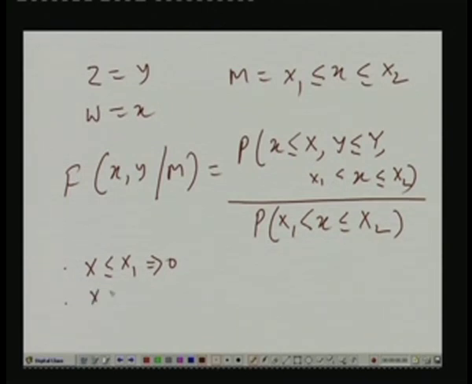Similarly, if capital X is greater than x2, then what happens? Then x is less than or equal to capital X and x is less than or equal to x2. Out of these two, I will consider this condition, because x2 is less than capital X. So, in that case, it is simply the joint probability of y falling less than or equal to capital Y and x lying within this range.